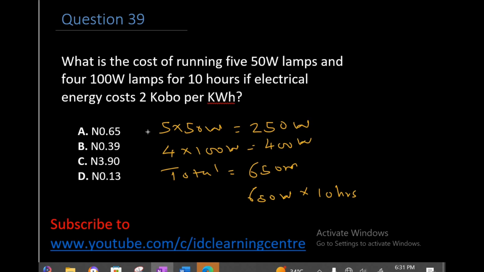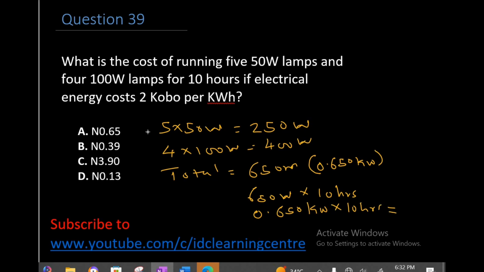So for us to take this to kilowatts, we have to divide 650 by 1000, which is going to give us 0.650 kilowatts, right? Multiplied by 10 hours, so that we have our answer in kilowatts per hour.